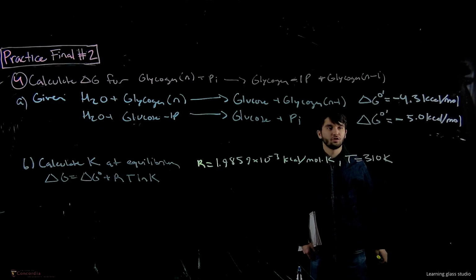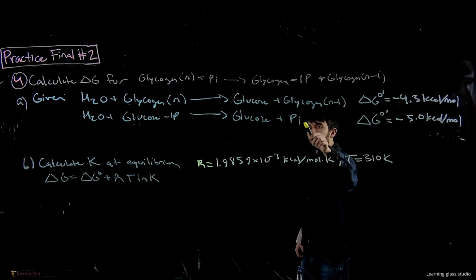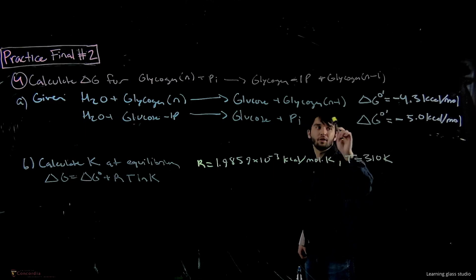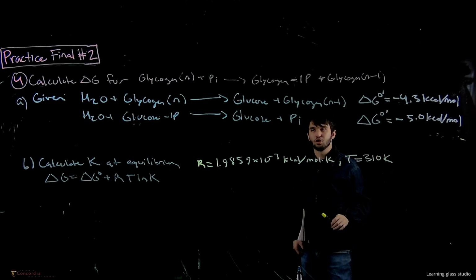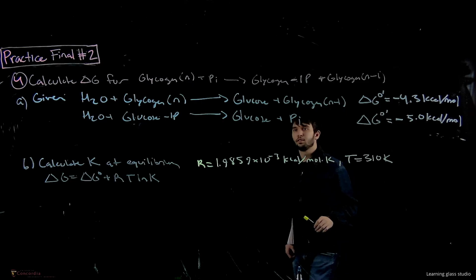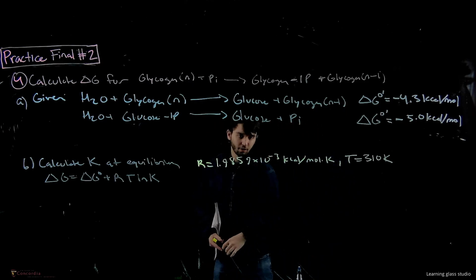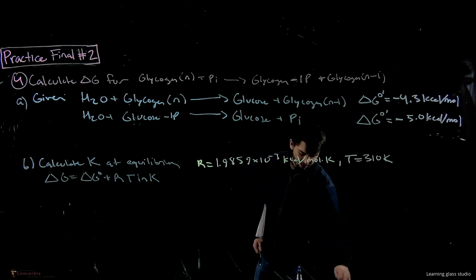So what we are going to want to do is flip this reaction and flip its delta G sign. Why? Because doing so means that glucose will cancel, water will cancel, and we'll be left with the original reaction.